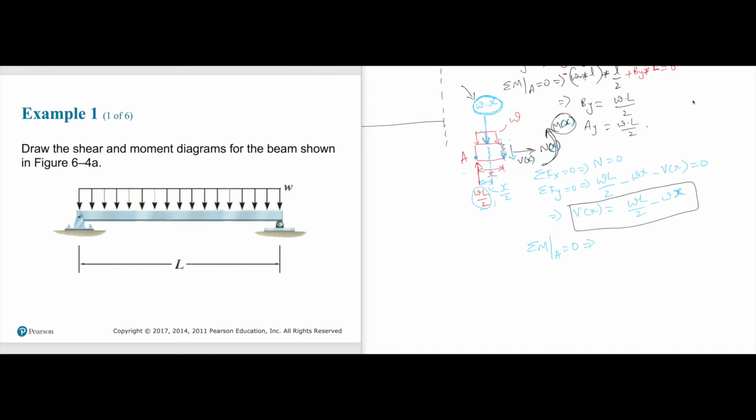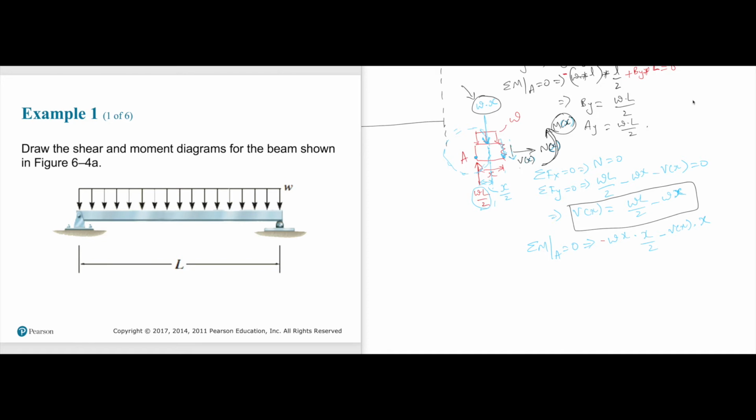Implies we have Wx times x over 2. This is Wx, that's a force. What is the distance of the line of action of force from A? That is x over 2. It's clockwise, so you should write negative. Then you have negative again V of x times x.